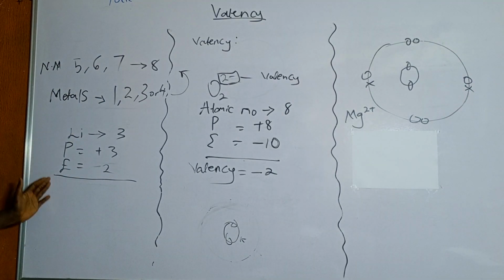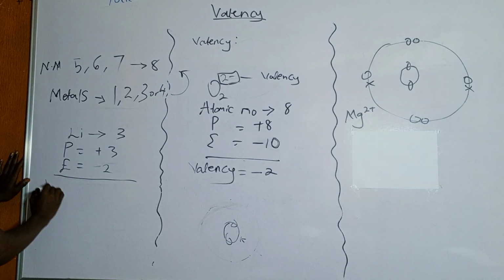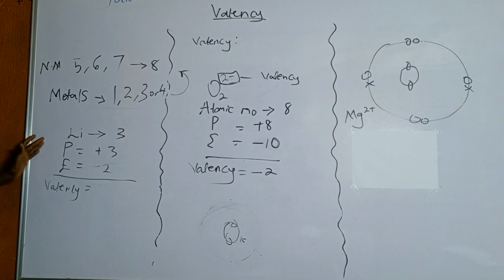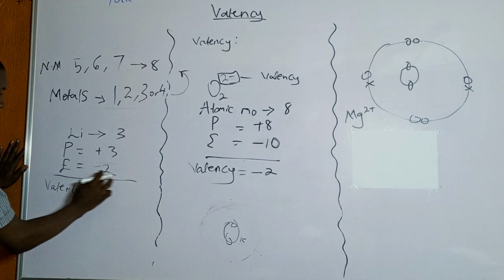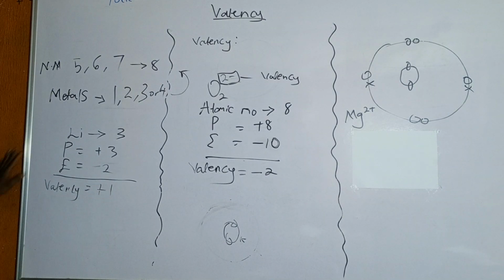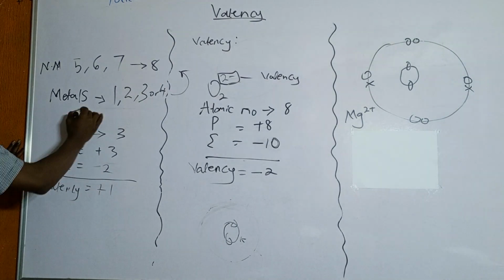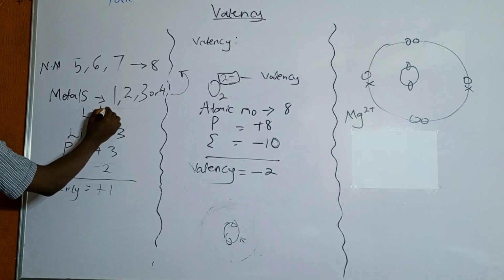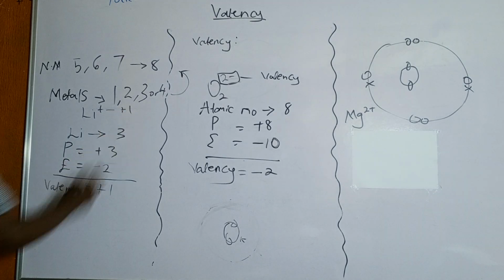If we calculate the valency at this point for the lithium atom, it will be plus 3 minus 2, which is plus 1. And that is why the valency of lithium is Li plus, where this plus means plus 1, which is the valency.